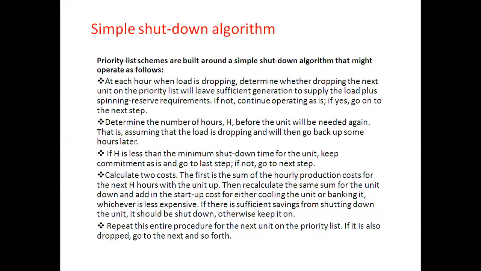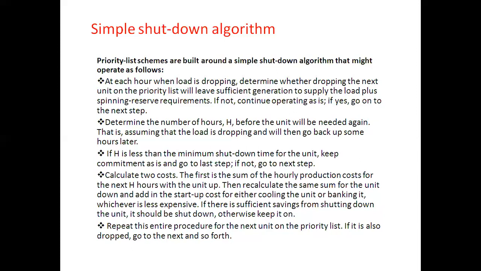Calculate two costs. The first is the sum of hourly production cost for the next 8 hours with the unit up. Then recalculate the same sum for the unit down and add in startup cost for either cooling the unit or banking it, whichever is less expensive.